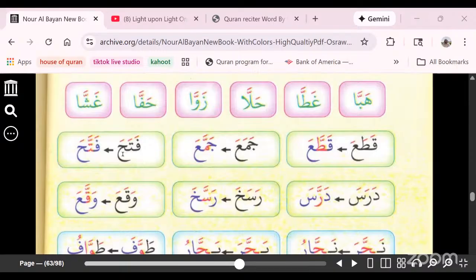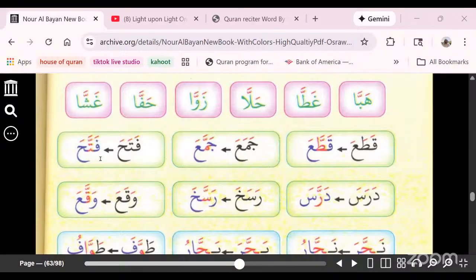Fataha. Blow air from it. Fataha. You remember ta with shadda fatah means two tas. The first ta has sukun.